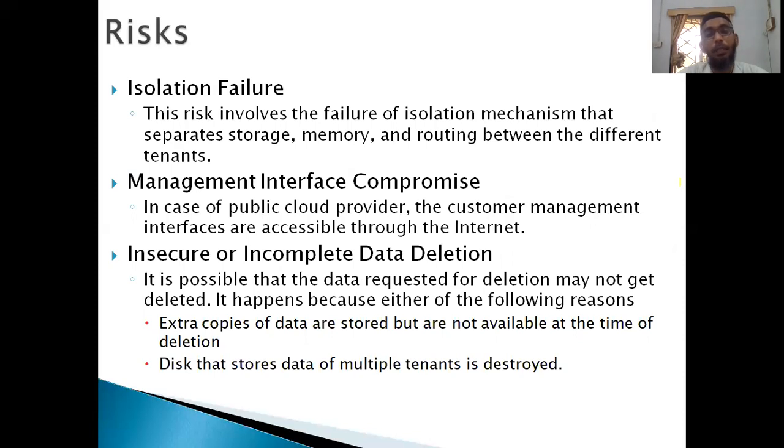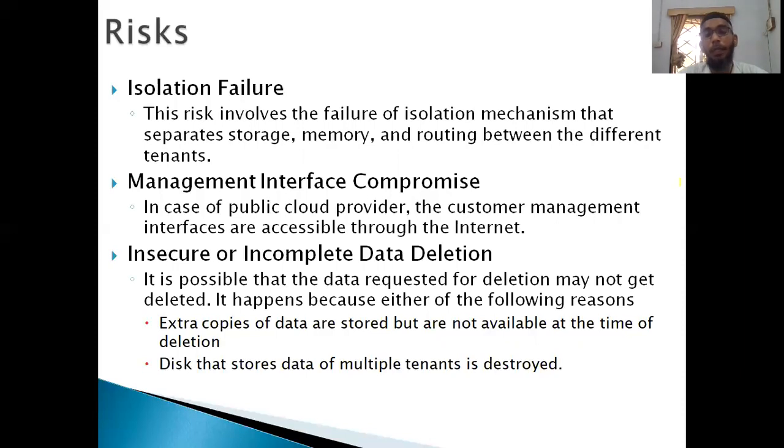Next is the management interface compromise. In case of a public cloud provider, the customer management interfaces are accessible through the internet. That is a risk because when it is public, it is available to many people.